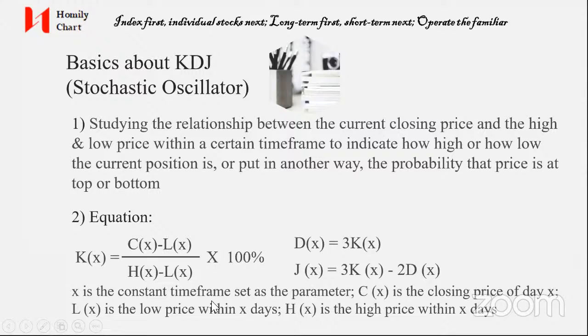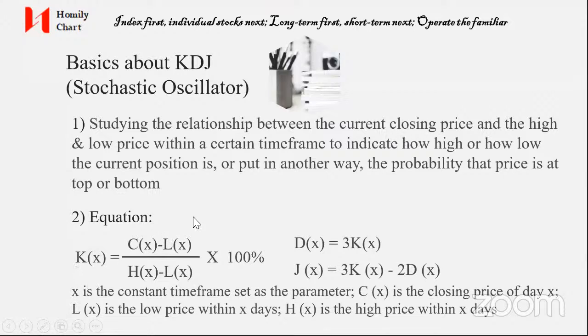Still, the constant time frame is 14. So just like a moving average, every time we calculate the value for a new day, we drop the oldest day and add the latest day. It keeps moving. This is how we get the value for K.